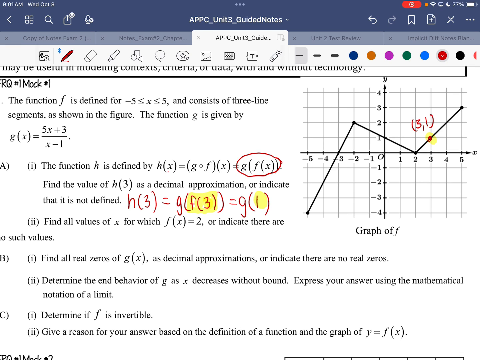So now what are you going to do with the 1? You're not multiplying 1 times g. You're putting it into g. And here's g, so put it in where there's an x value in g. So we're doing g at 1, which we can do pretty easily by hand: 5 times 1 plus 3 over 1 minus 1. So what's happening at 1 for g? There's a vertical asymptote.